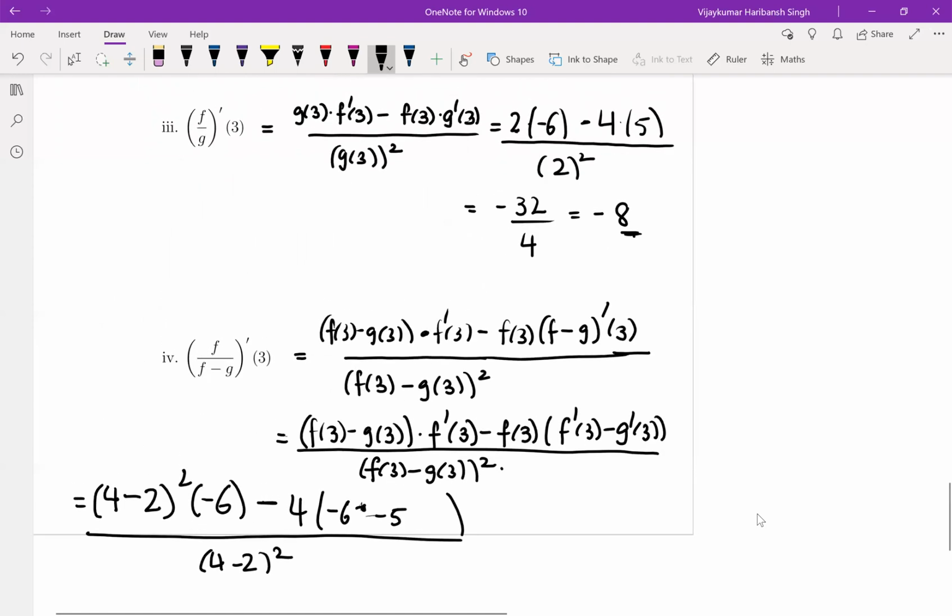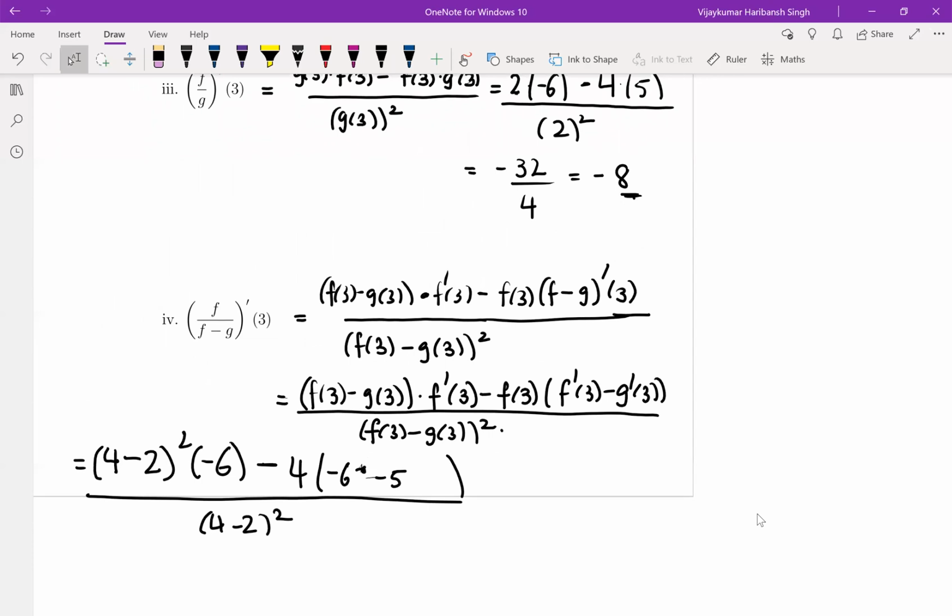So let's simplify this. So we have 4 minus 2 is 2, 2 square is 4, 4 times minus 6 is minus 24, minus 6 minus 5, so minus 11, minus 11 times minus 4 is plus, divided by 4 minus 2, which is 2, so 2 square is 4.